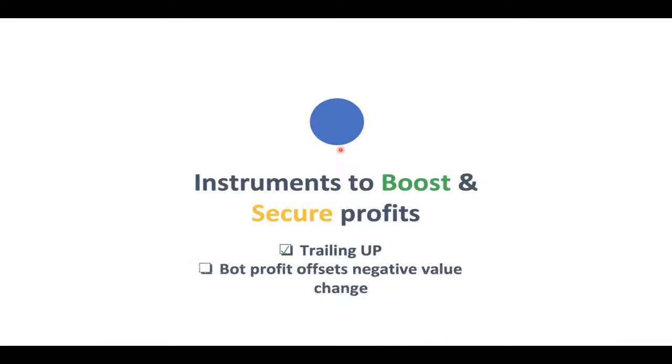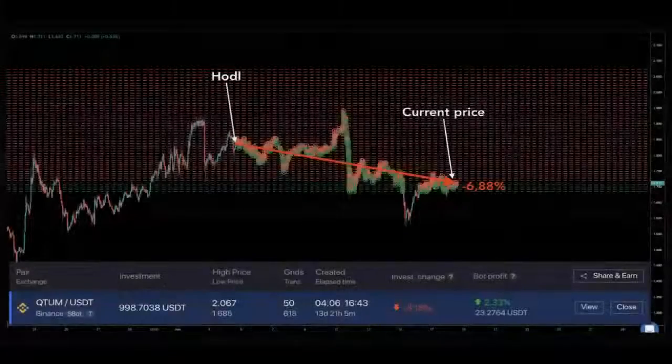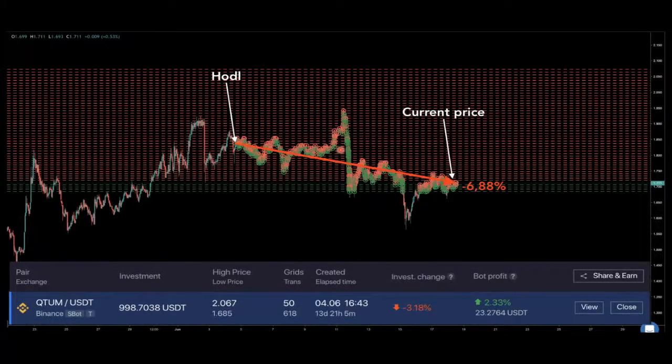So now let's move on, and here's the effect of how the bot profit offsets the negative value change. That's basically an advantage of the trading algorithm itself, because it is constantly executing trades regardless of the market trend.